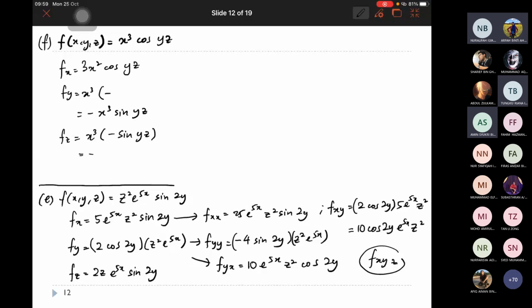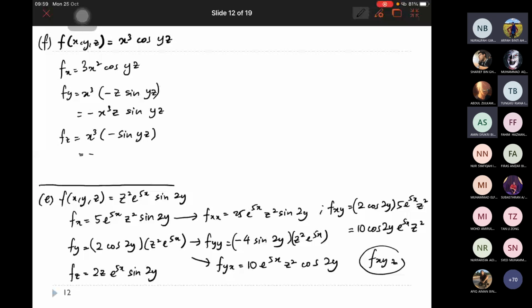So cos y darab z tu kita akan assume sebagai constant. So you akan dapat negative z sin y. Okay. So dia akan jadi negative x cube z sin yz.